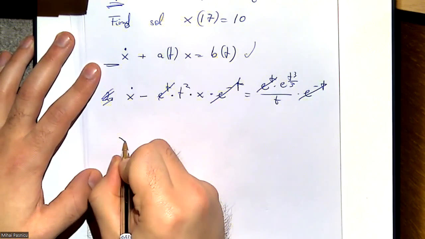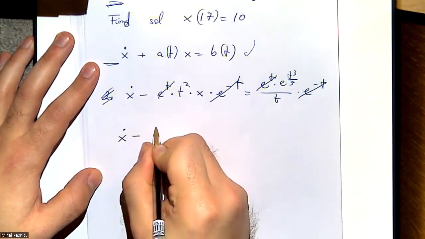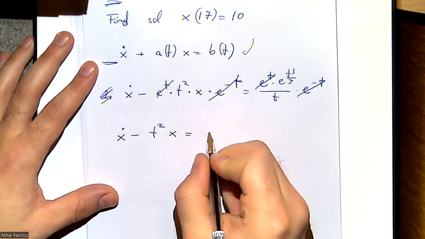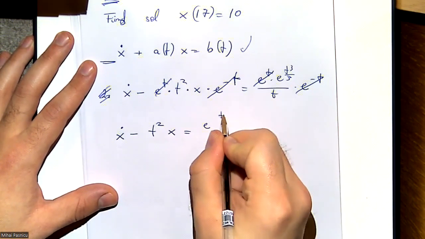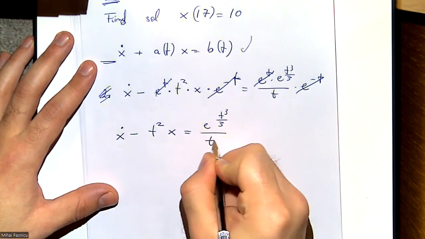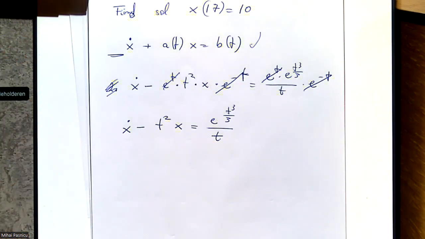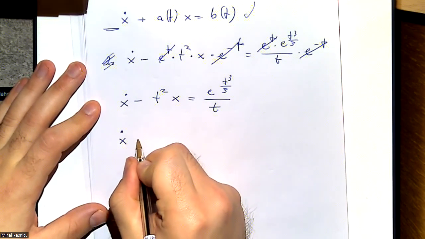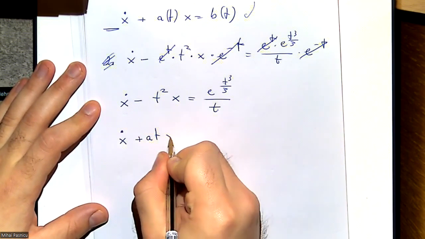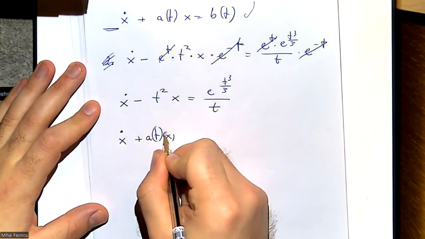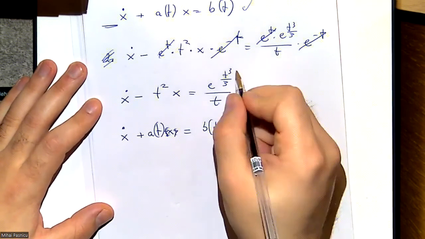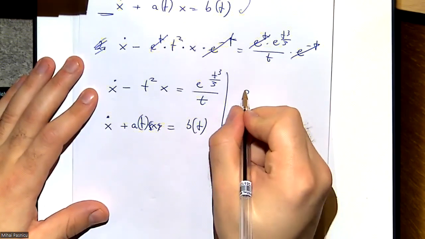So what do I have left? I have x dot minus t squared x is equal to e to the t to the 3 over 3 t. Good. What's next? Now we can identify x dot plus A of T x, no parentheses here, is equal to B of T. What is A of T?